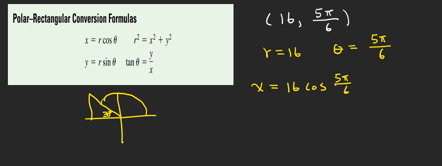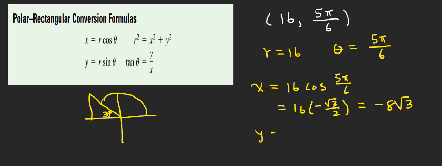Now, what's cosine of 5 pi over 6? That's going to be cosine of 30, which is radical 3 over 2. But since this is a second quadrant, it's going to be negative radical 3 over 2. And that's going to be negative 8 radical 3.